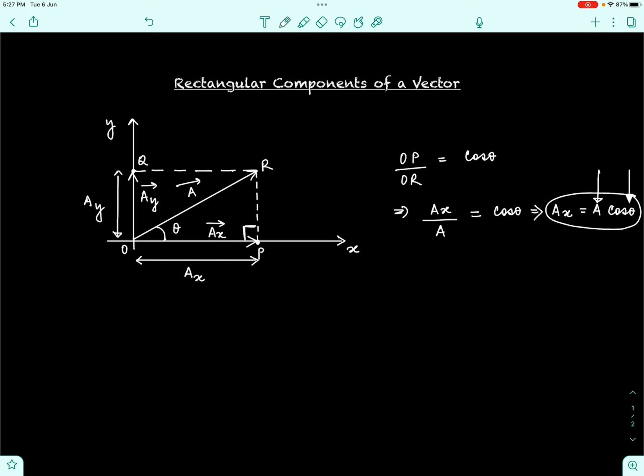Similarly, if we try to find the y component, see that this particular length here, PR, is the same as the component Ay, which for the triangle OPR is nothing but the side opposite to the angle theta.